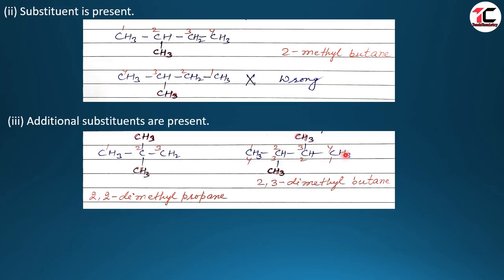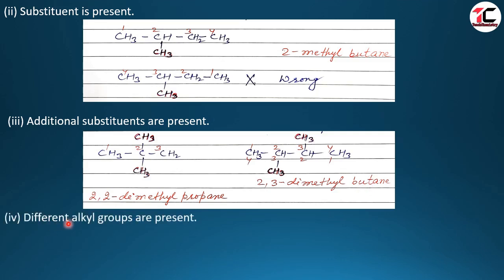If we start from the other side, we will find them again at number 2 and number 3, so no problem. Now how can we name it? At number 2 there is a methyl group, at number 3 there is a methyl group, so we will write 2,3-dimethyl. A chain of 4 carbon atoms, so it is butane.